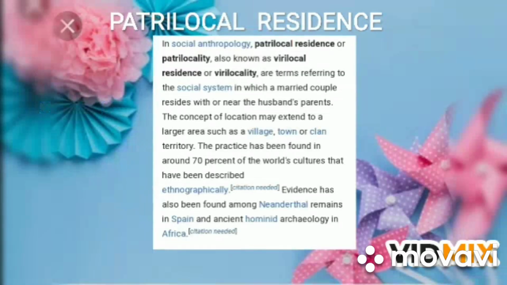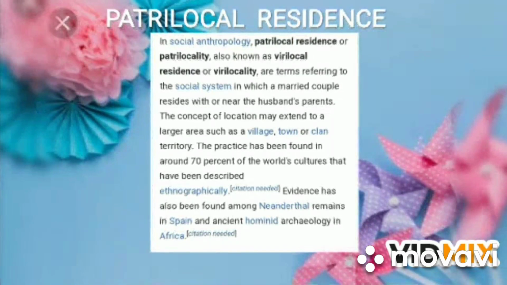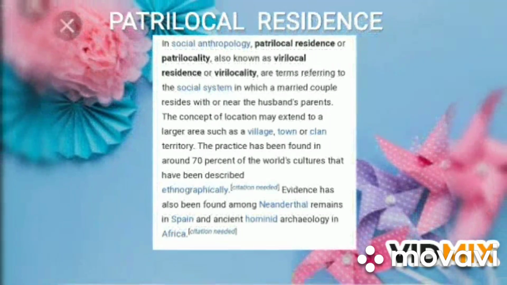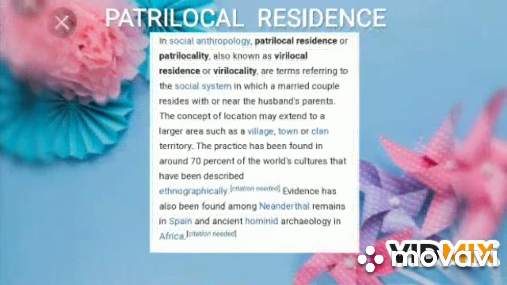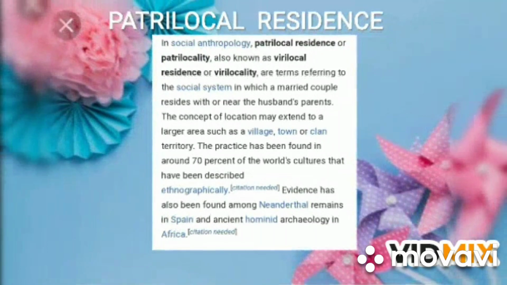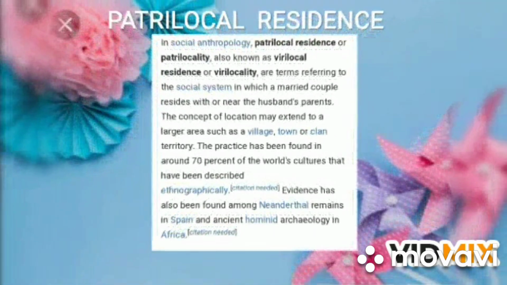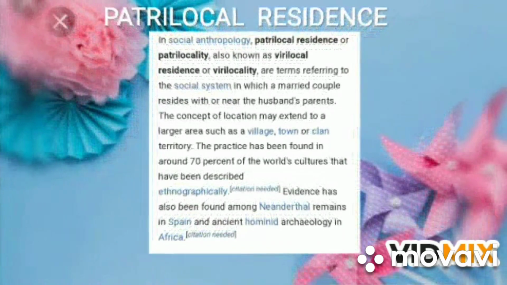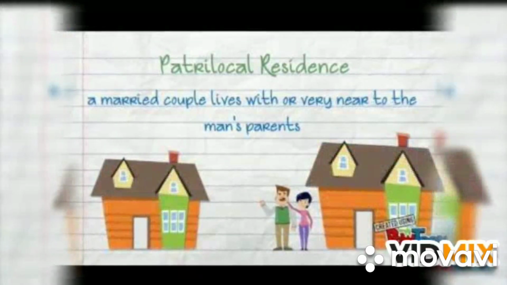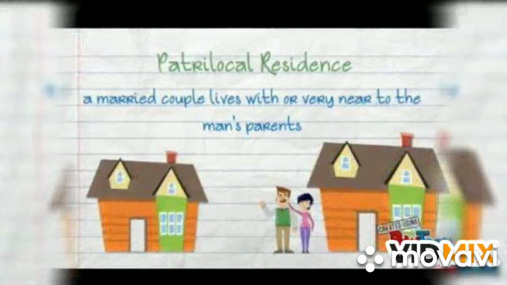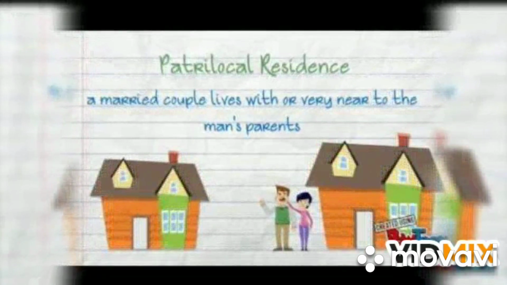Patrilocal residence is structured by a rule that a man remains in his father's house after reaching maturity and brings his wife to live with his family after marriage. Daughters, conversely, move out of their natal household.